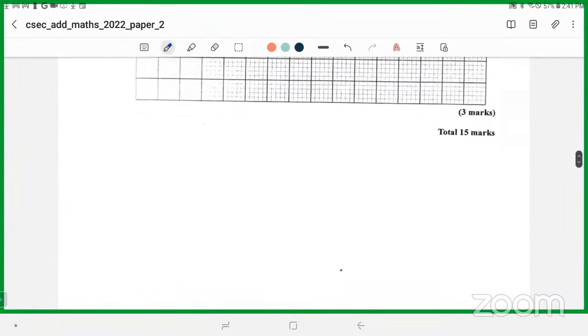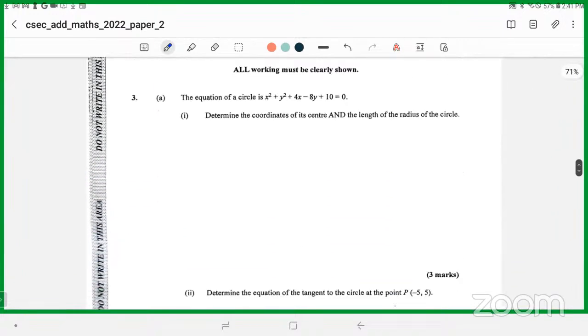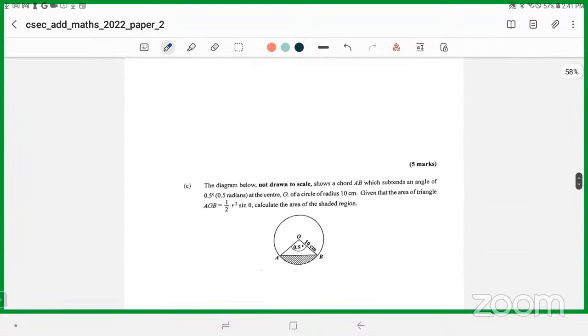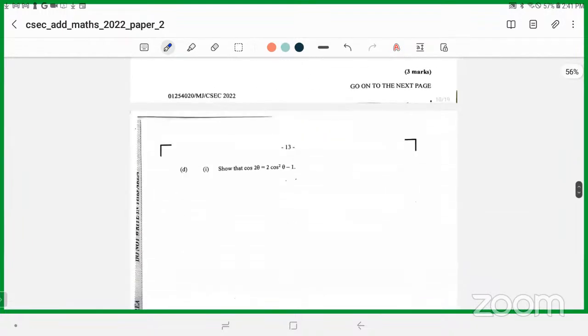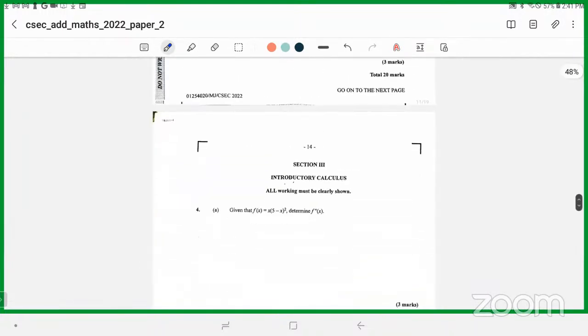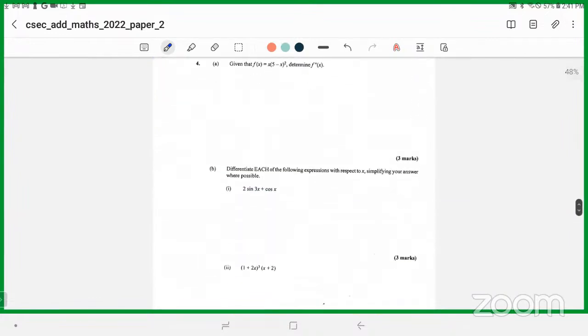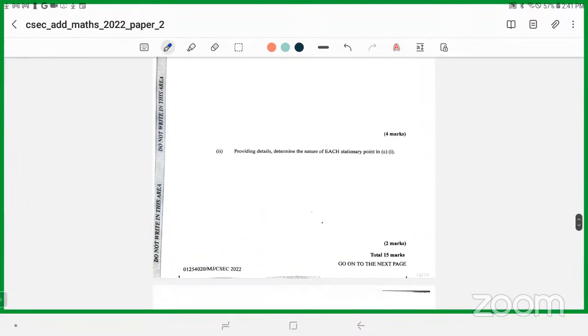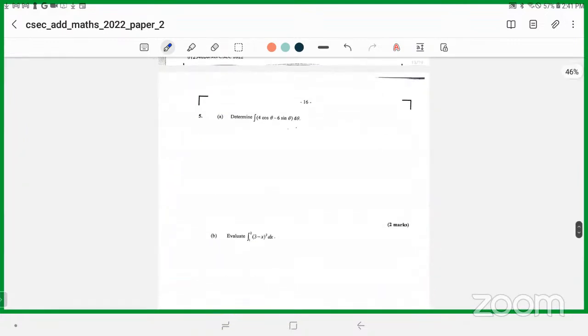I don't think there's anything else really. Let's see, might be another question. Logs. Okay, that's it. Differentiation and stuff. None in 2022.